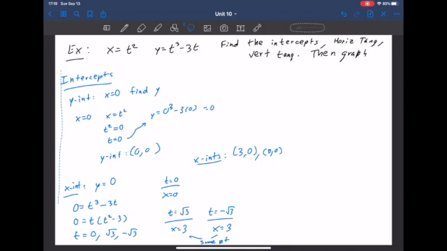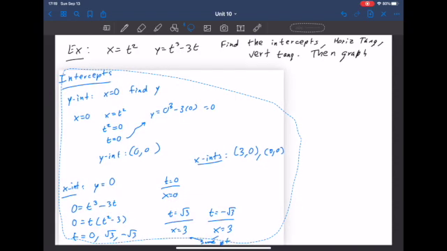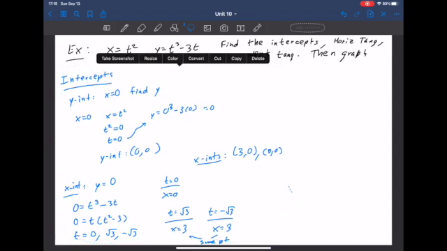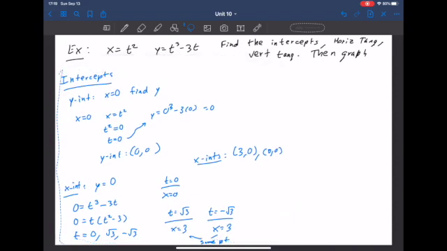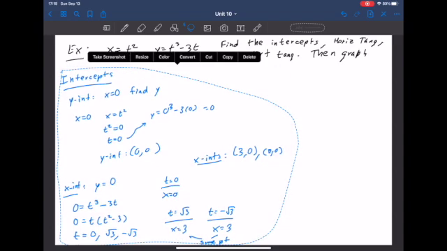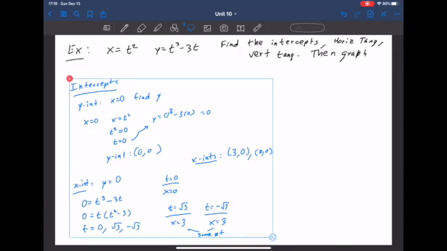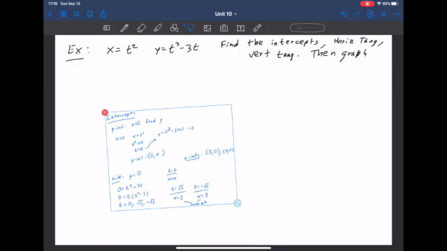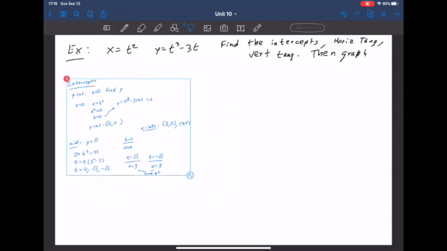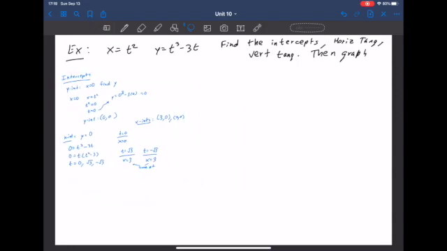Hopefully that all makes sense. Make sure it does before you go into the next one. It's not just that the x's are the same at the same point. I will say this really quickly. It's that the y's are the same too. It's the x's and the y's that make it the same point. So I'm going to graph it down here.